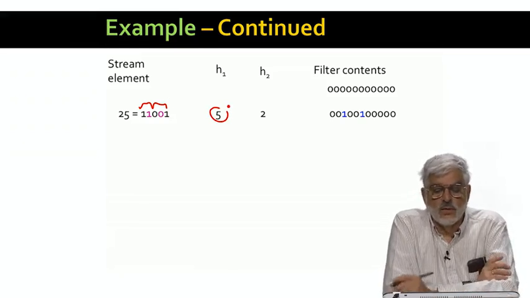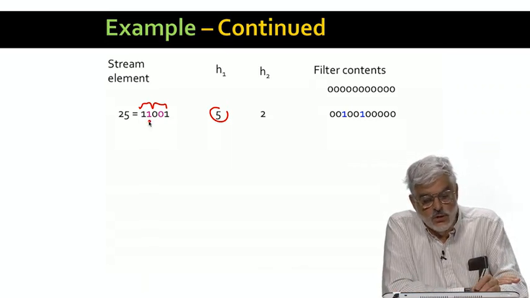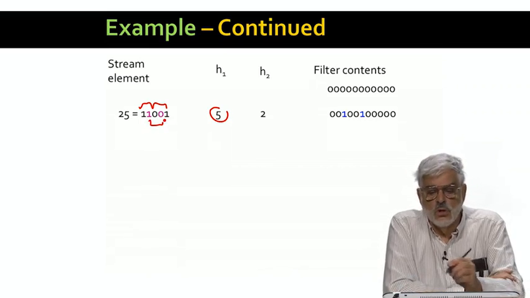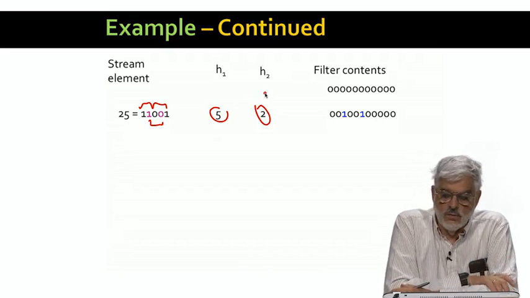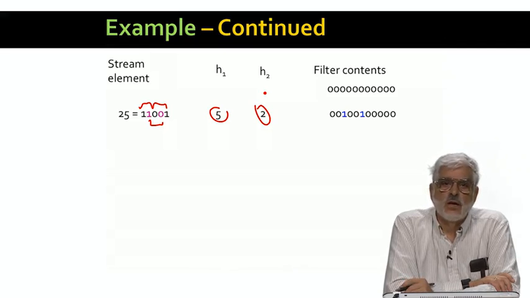So that's the value of h1. The even positions are 1, 0, and that's 2 in binary, and 2 modulo 11 is still 2. So that's the value of h2. We therefore set positions 2 and 5 of the array to 1. You see the new values in blue. Note that we're counting positions from the left end and starting at 0.